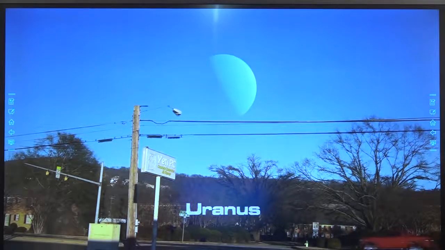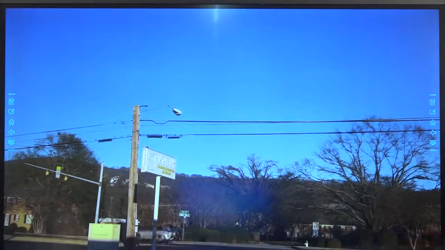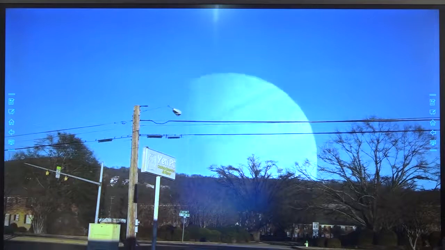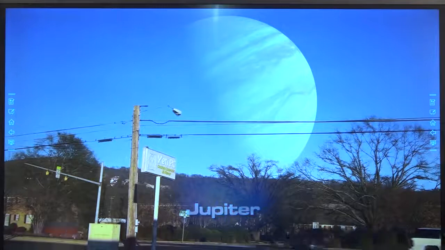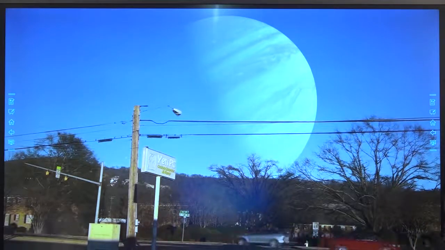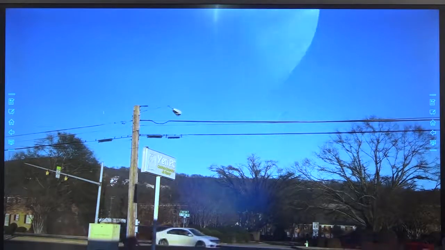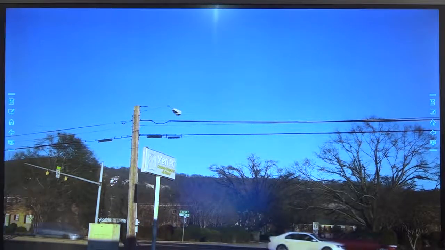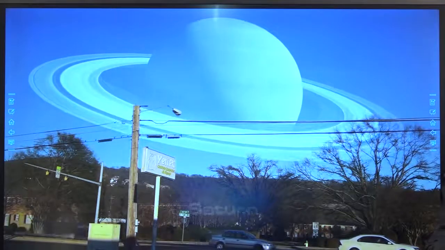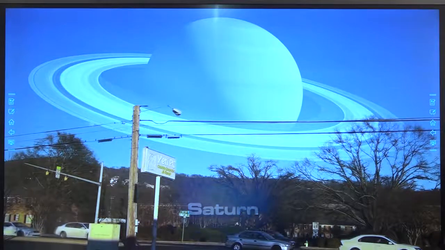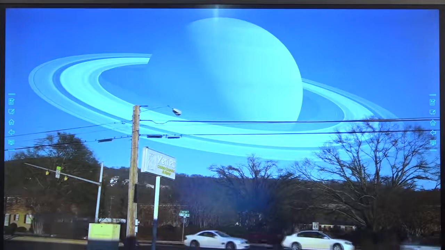The Uranus. The giant one, which is Jupiter. Now just visualize. This is Saturn. All things would be visible, as you can see even its moon by the naked eye.